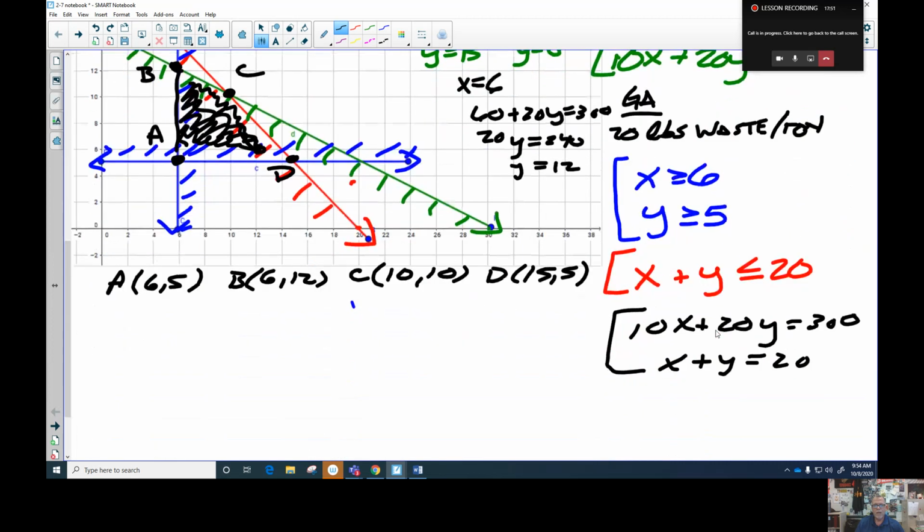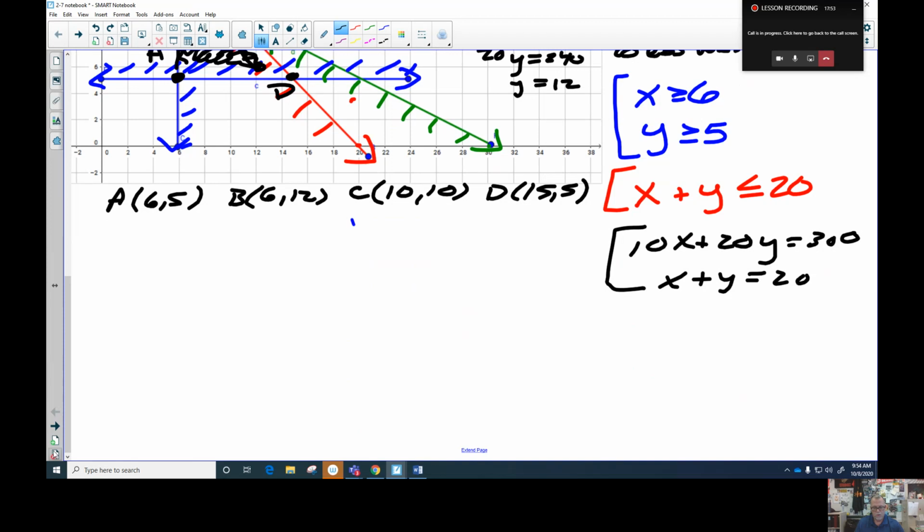All right, so now we go down and we use that idea that f of x y equals 1,000 x plus 1,500 y to try to find where the max value would occur. And we've got 4 possible areas.